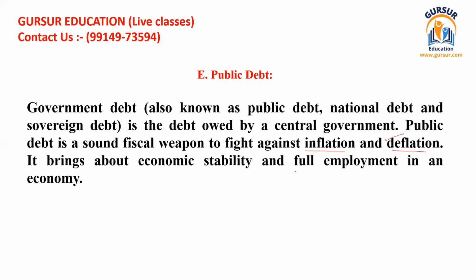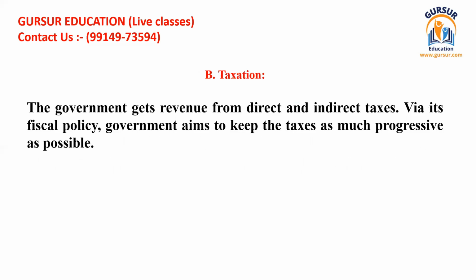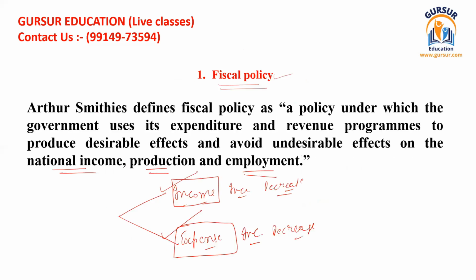Whenever there is deflation, the government takes up debt and uses that money for public works. Whenever there is inflation, it charges high and uses that money to pay the interest taken for the public debt. So that was all the detail regarding fiscal policy and fiscal instruments.